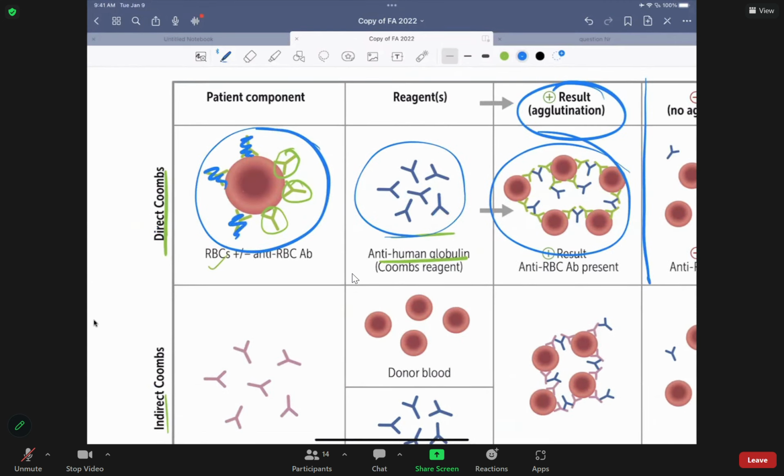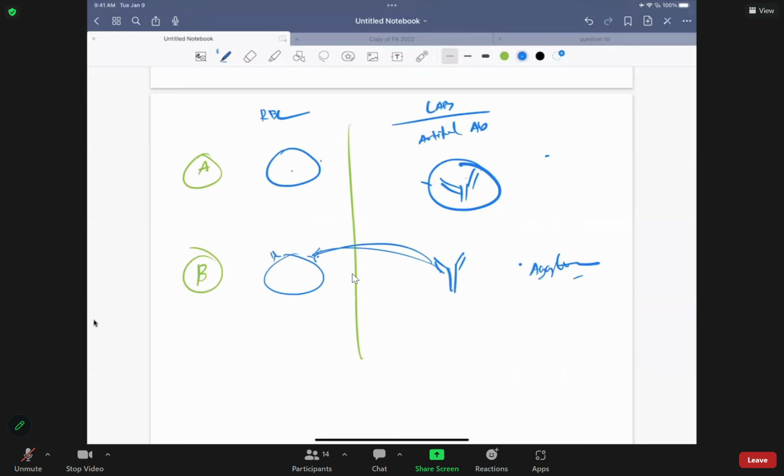So the picture is not properly complete, but if you understand this, you know what that is. Does everybody understand the direct Coombs test? So in the direct Coombs test, we are picking literally the patient's red blood cell. When we take the red blood cell, we don't know whether it has antibody attached to it or not. Is that clear, folks?